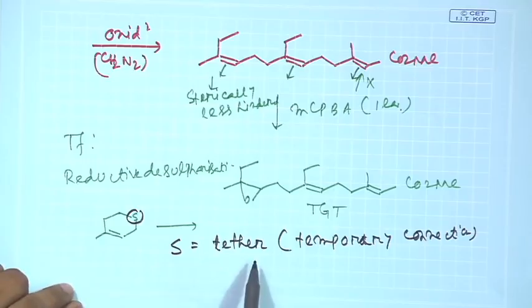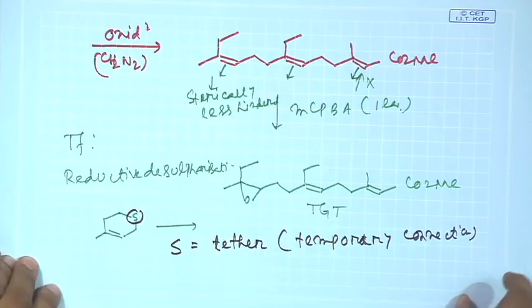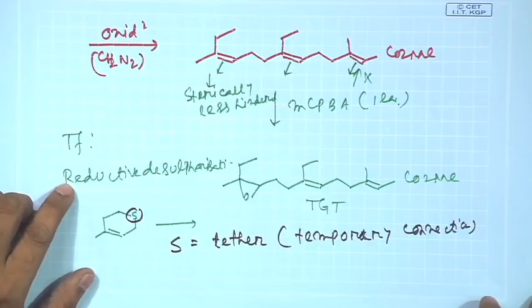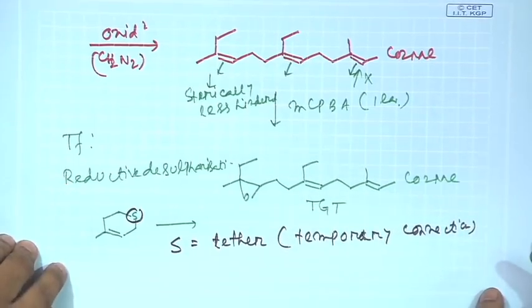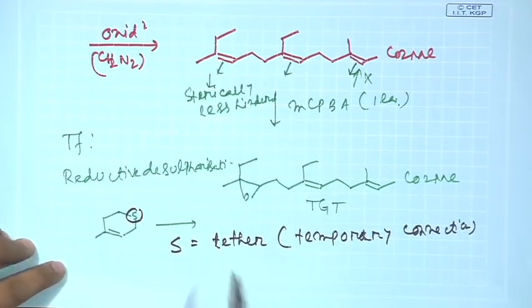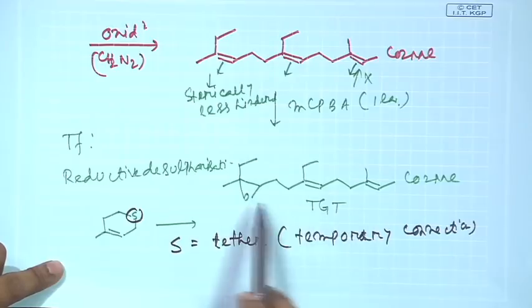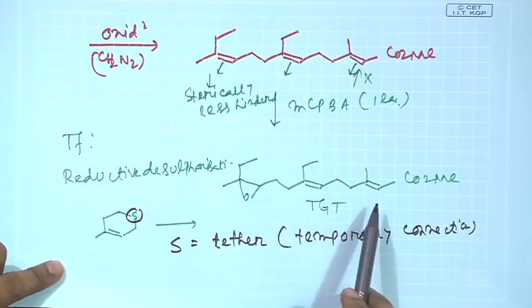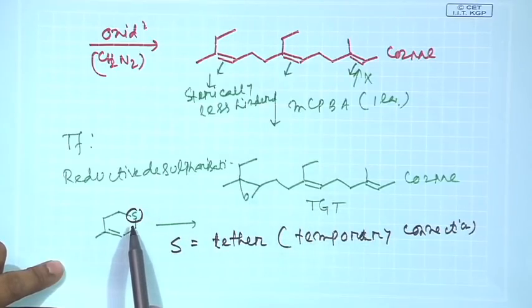This temporary connection was not required in the final target, and this was very useful by using a sulfur tether reaction, but eventually the main reaction is reductive desulfurization, which will give you a very useful functional group assembly, and you can see that this final target molecule was nicely achieved by using reductive desulfurization chemistry.